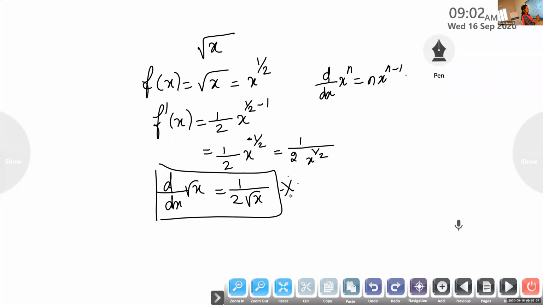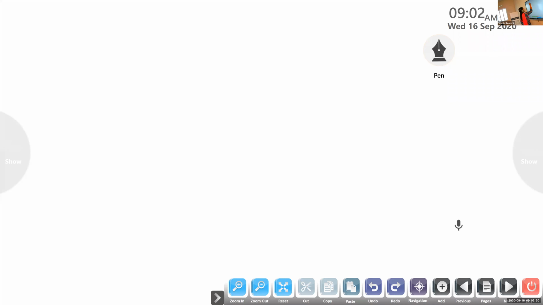Okay, the same thing we are going to derive using first principle. Write the next question: find the derivative of root x using first principle. So f of x is root x.